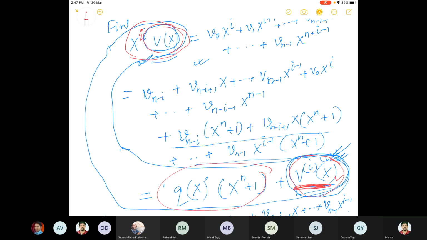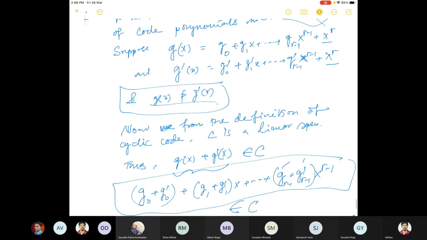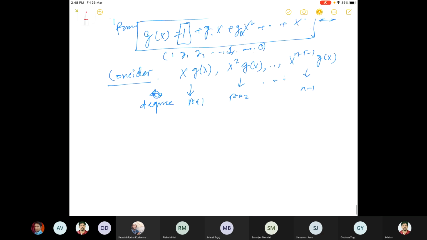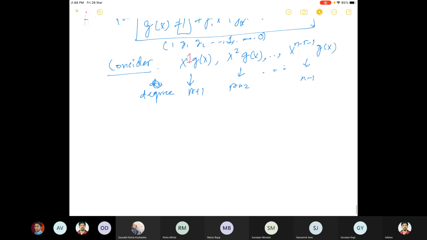Now we are doing the same thing here, just multiplying by x to the power i, extending i up to some maximum. The maximum possible degree should be n minus 1. Here our minimum polynomial has degree r, so i should go from 1, 2, and so on up to n minus r. All these polynomials will have degree r plus 1, r plus 2, up to n minus 1.